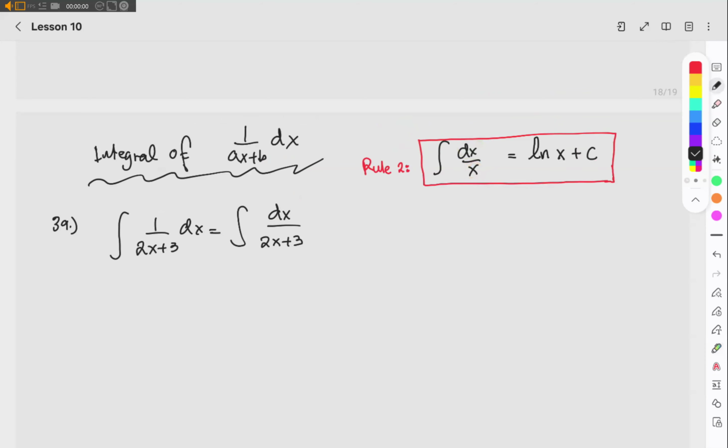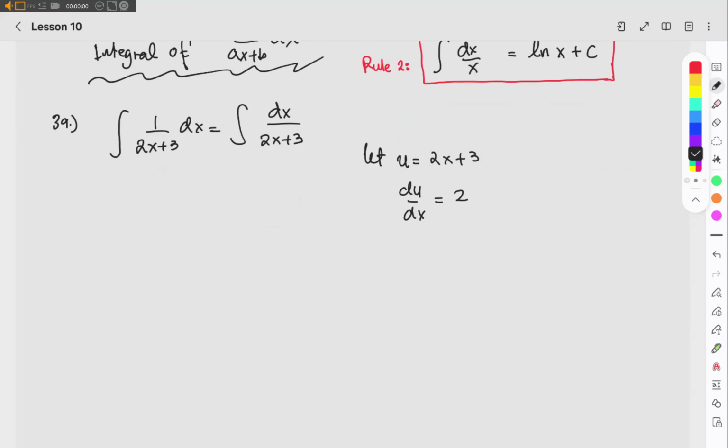So that's why you take ln. Let u be equal to 2x plus 3, and your du is simply 2 dx, or derivative of u with respect to x is simply 2. Therefore, dx is simply equal to du over 2. And then you can substitute: dx is du over 2, over 2x plus 3 which is simply u.